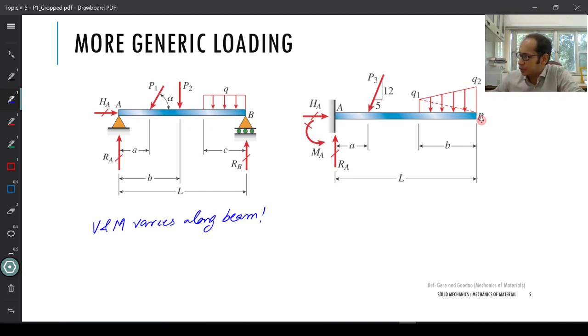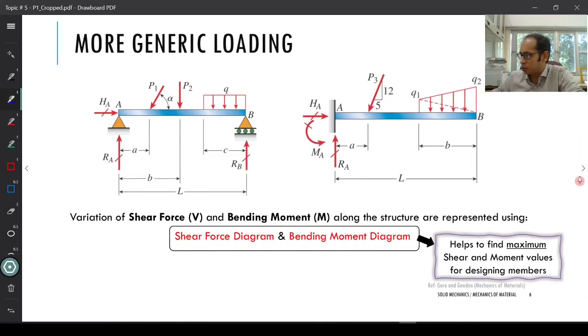So this is essentially what this next page shows in a nutshell. The variation of the shear force V and the bending moment M along the structure is represented by the shear force diagram, usually termed by the acronym SFD, and for the moment we have a corresponding bending moment diagram. So this is known as BMD.